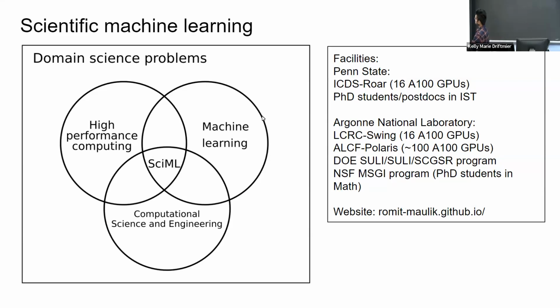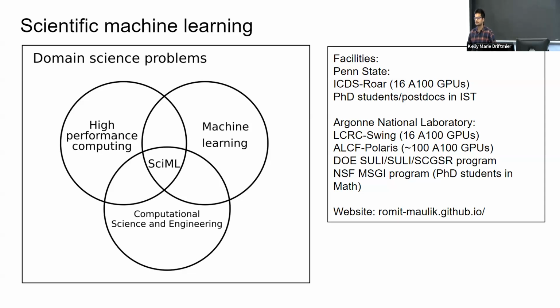I like to start with this Venn diagram on the left, which tells the audience what sort of work I'm doing. Frequently, people think I'm a computer scientist, or a high-performance computing person. Of course, I have a PhD in mechanical and aerospace engineering, so they also think I'm an engineer. But I'm at the intersection of all of those. In the middle of the Venn diagram is a field that has many names.